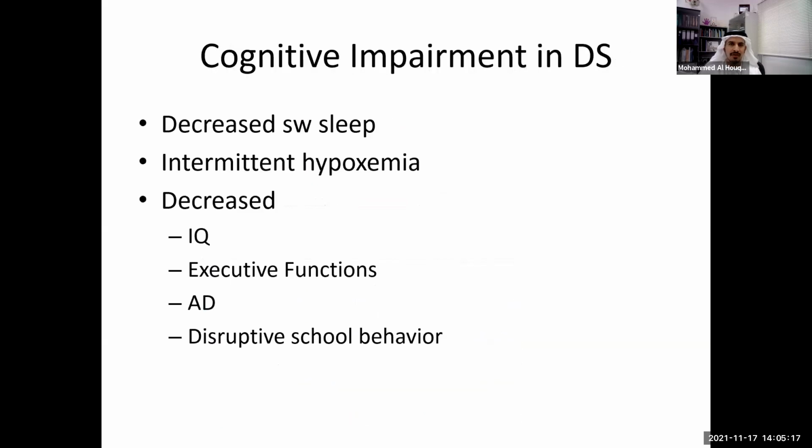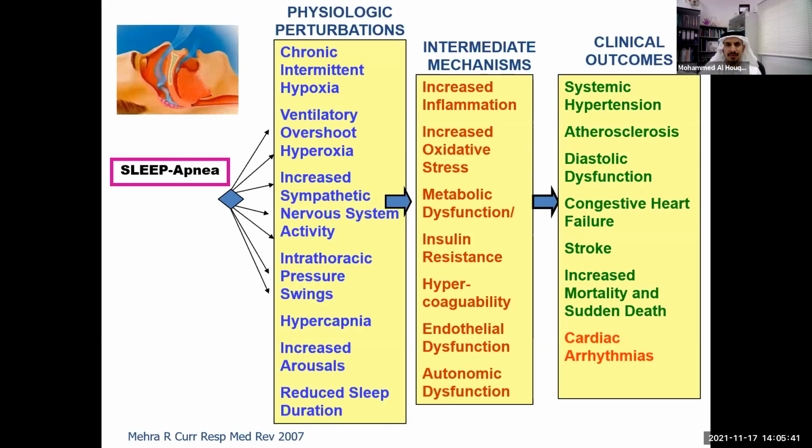There's also cognitive impairment with obstructive sleep apnea, where we see a decrease in slow wave sleep, which is the deep stage of sleep, and intermittent hypoxia, which would lead to a decrease in the IQ of patients and in executive function. Also, they would have attention deficit and disruptive school behavior.